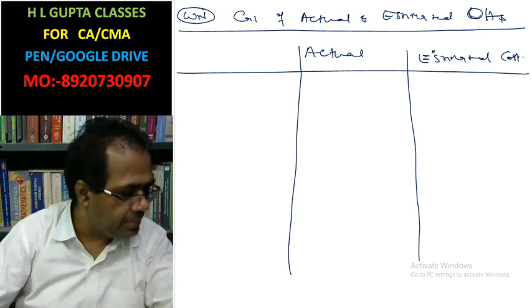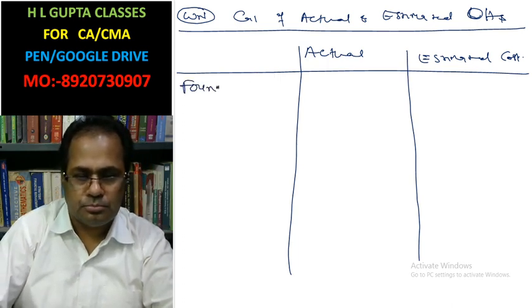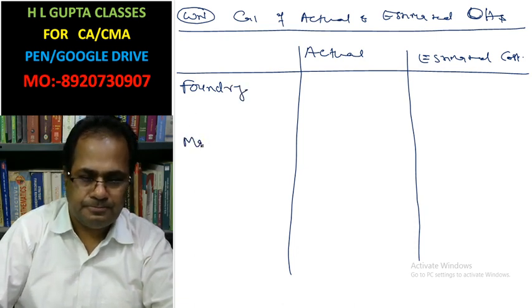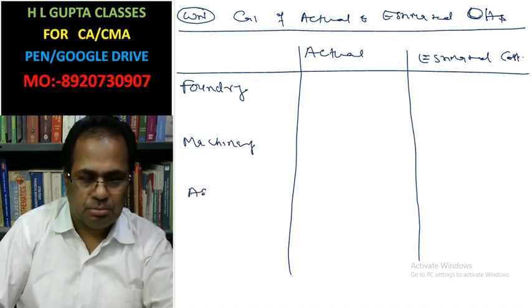There are three departments: foundry, machinery, assembly.